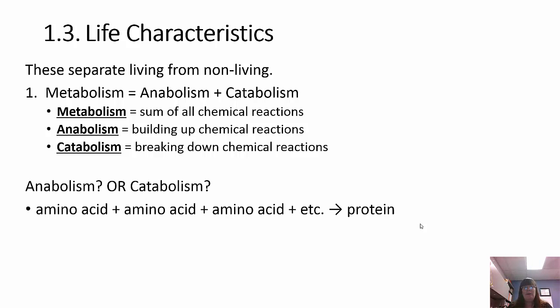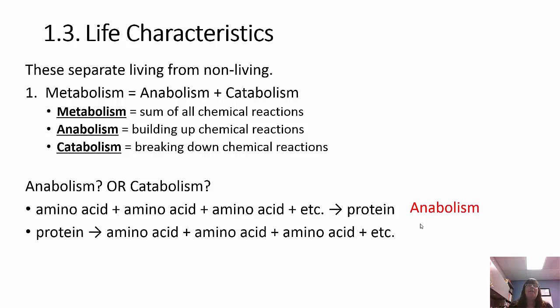So if you have an amino acid plus an amino acid plus an amino acid, etc., yielding a protein, that's an example of anabolism. If you have a protein being broken down into its amino acid components, that would be catabolism.